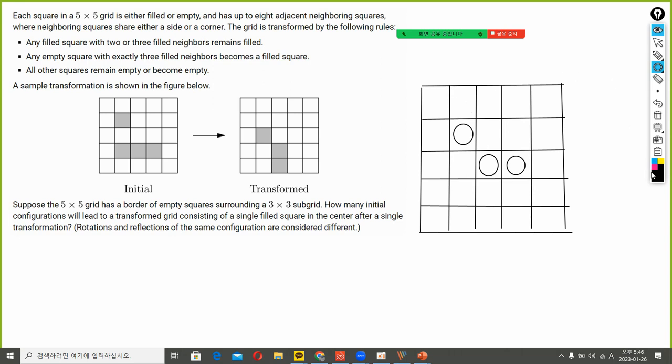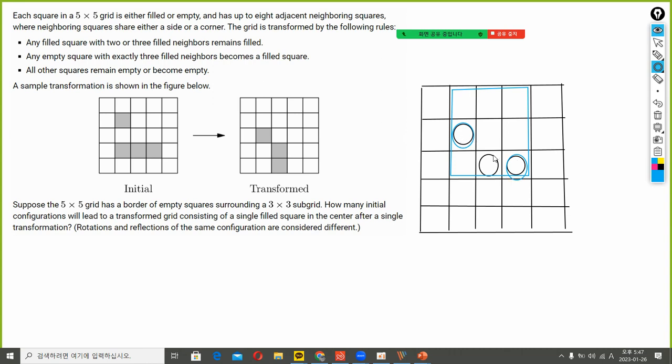And if we make this edge filled, when you think of this grid, like this, these two will remain filled after transformation because of the first condition, filled square with two or three filled neighbors remain filled.